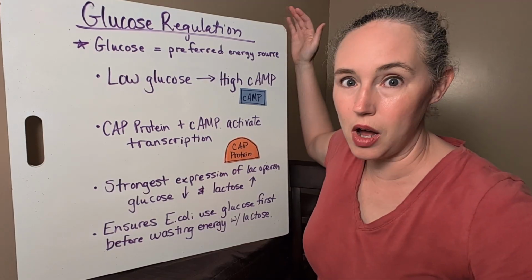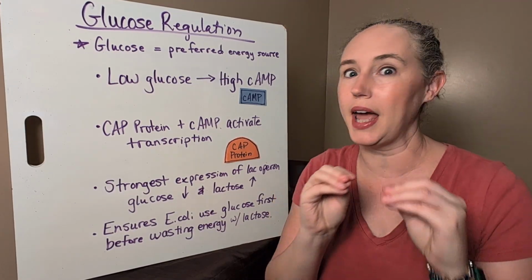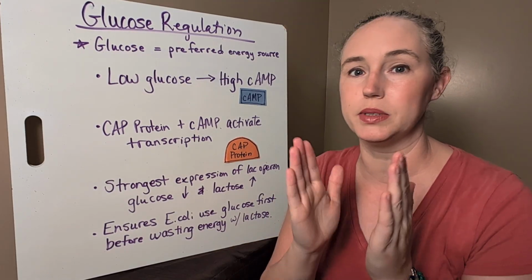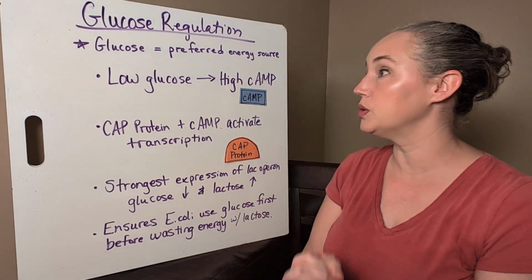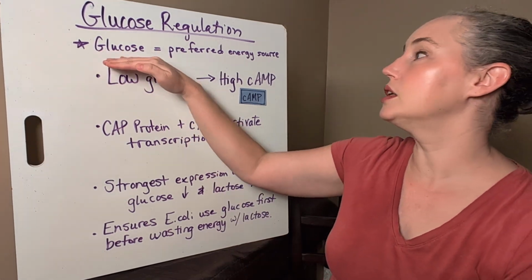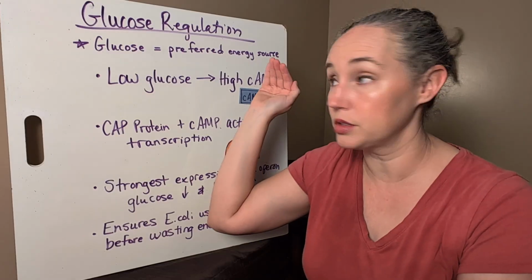All right, as promised, this is where the CAP site and the glucose come in. So, reminder, we said that glucose is the preferred energy source.